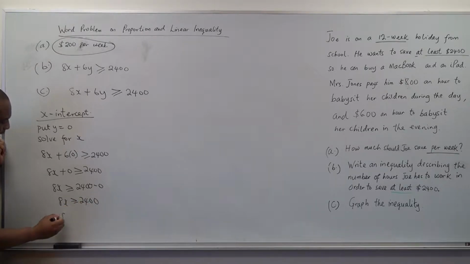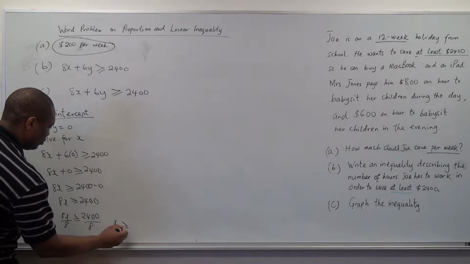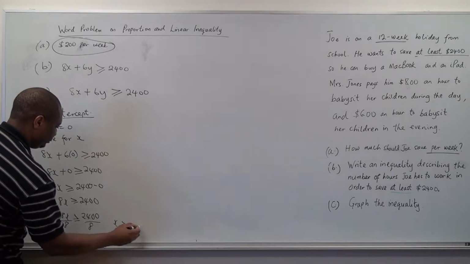Then you divide both sides by 8. This is an inequality, but you are not dividing by a negative, so it's still okay. x is greater than or equal to 300.